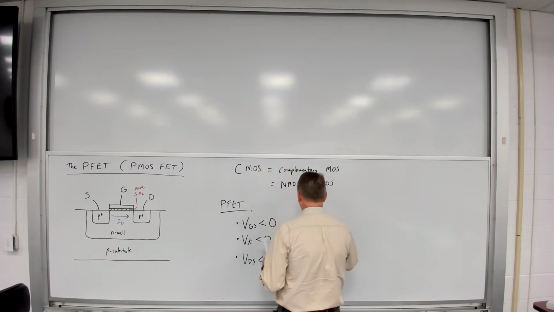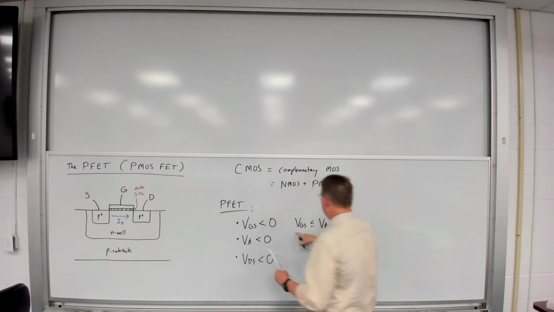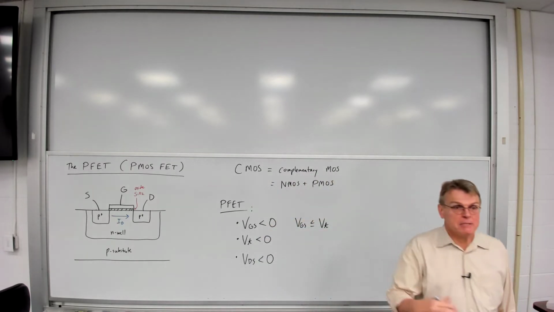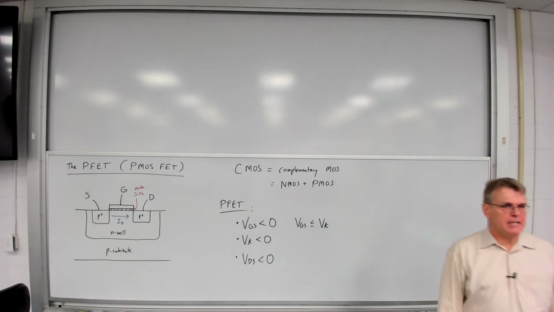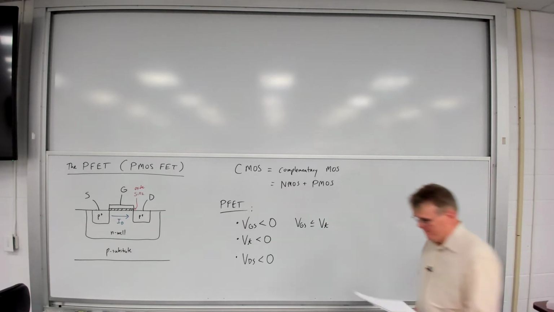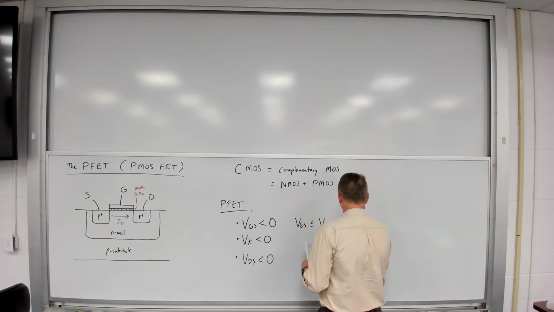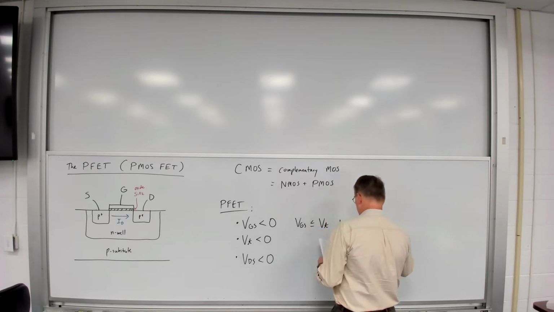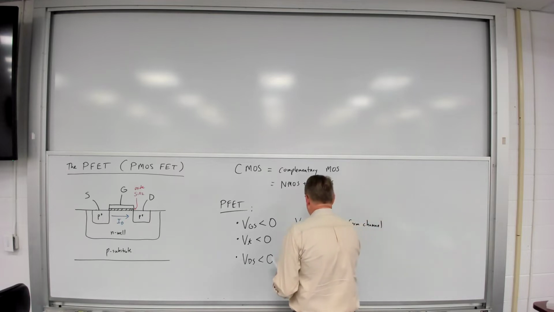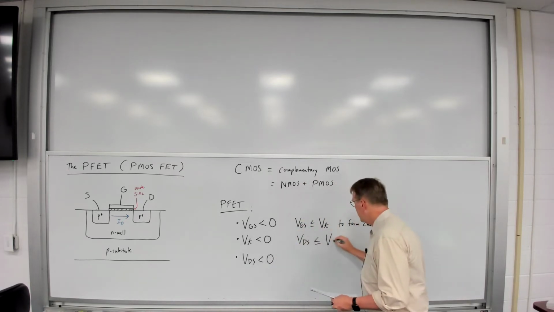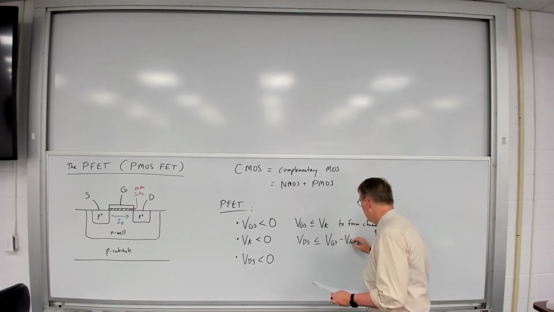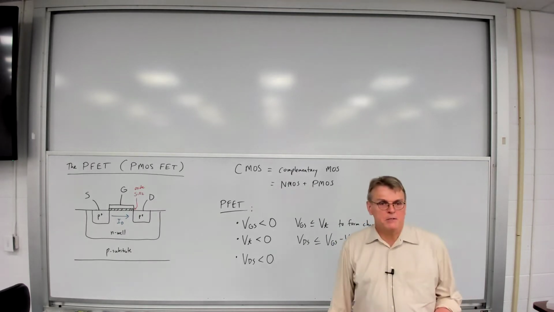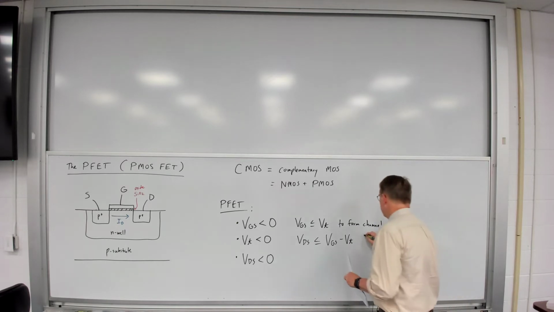VGS must therefore be less than VT. It has to be more negative than VT to turn the channel on. And VDS has to be less than or equal to VGS minus VT for saturation.